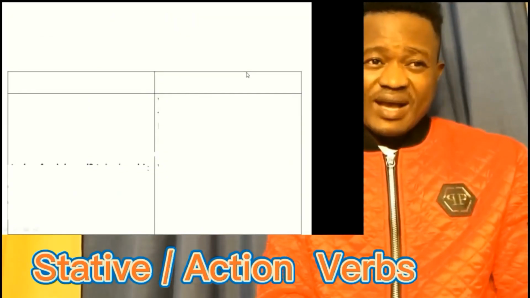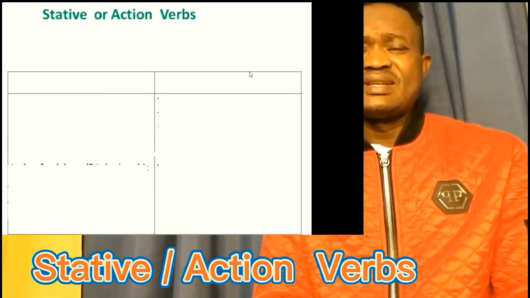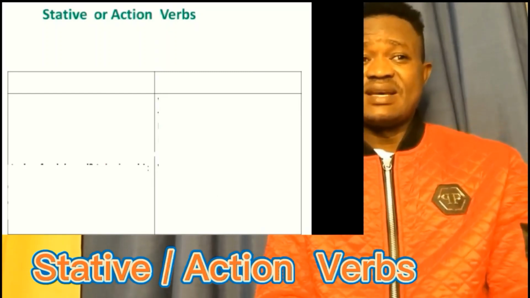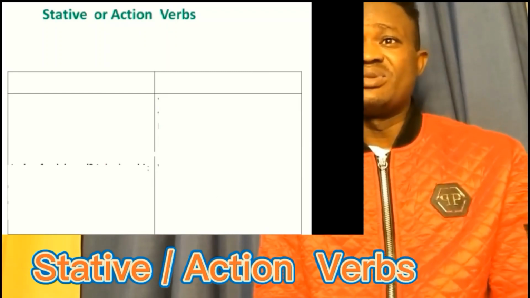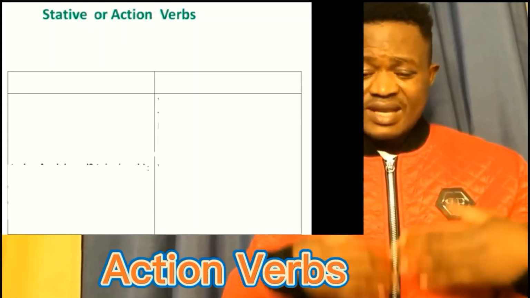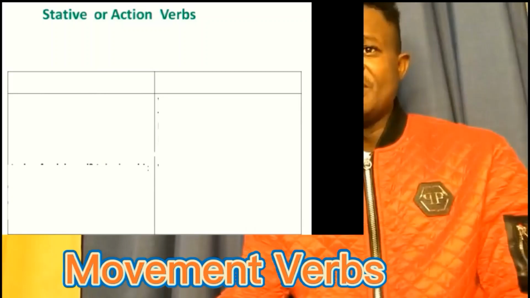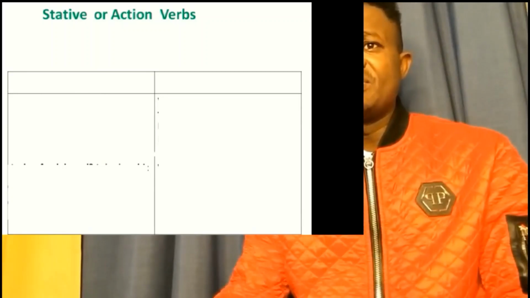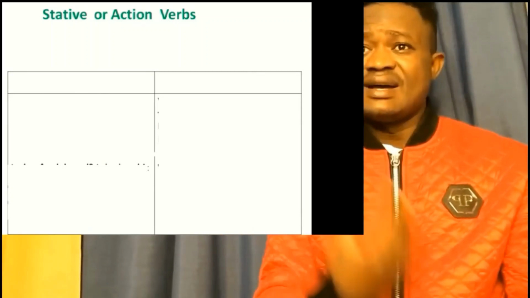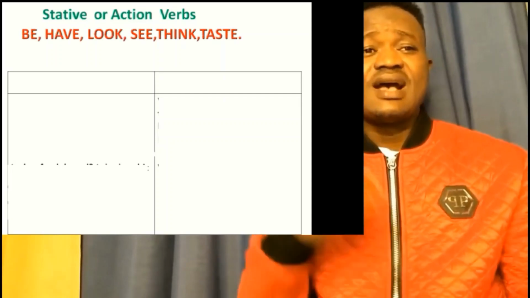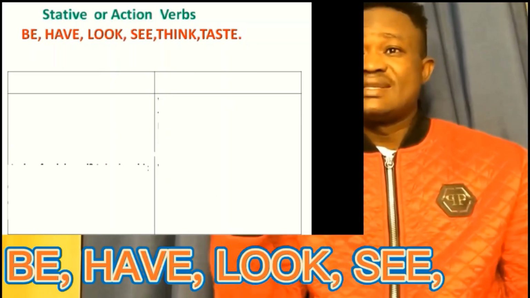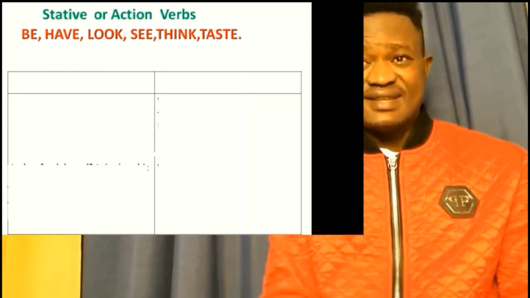Stative or action verbs. We have some verbs that are stative and at the same time they are action verbs. When we're talking about action verbs, these are verbs where we can move our bodies. Movement verbs. All right, let's go. These are the verbs: be, have, look, see, think, taste.